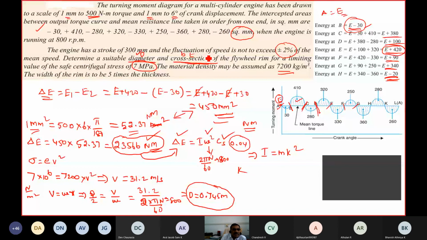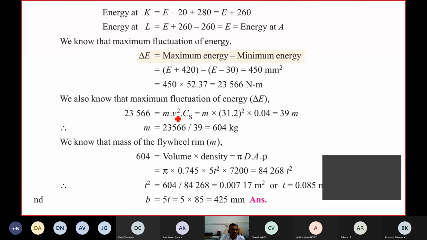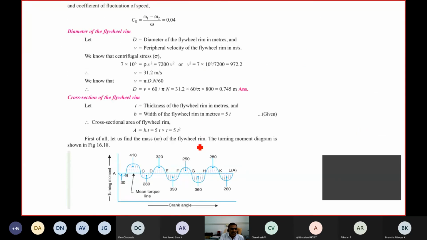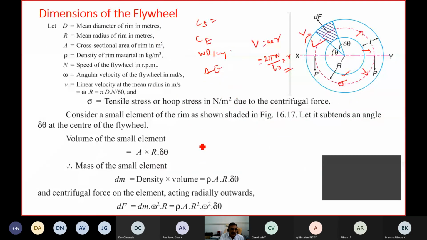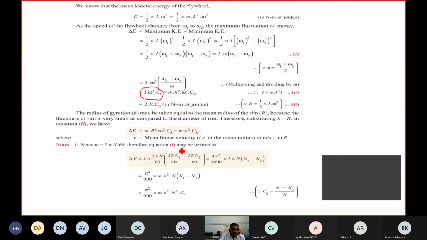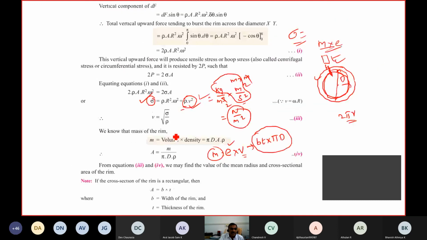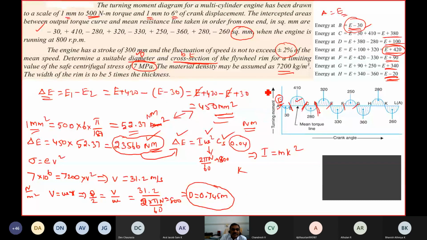The value of k is given in the problem. Already we have taken k is equal to r, and we know the value of r.